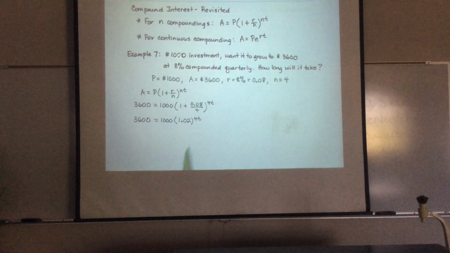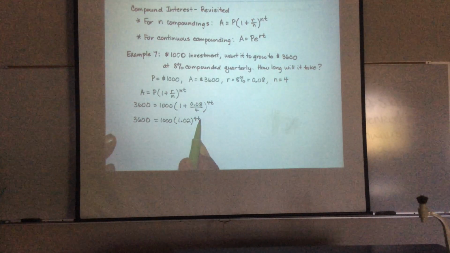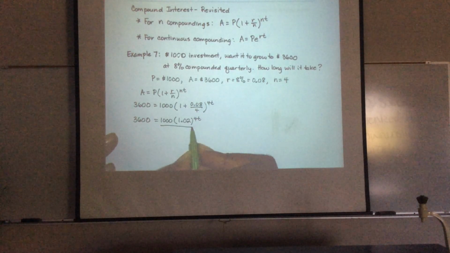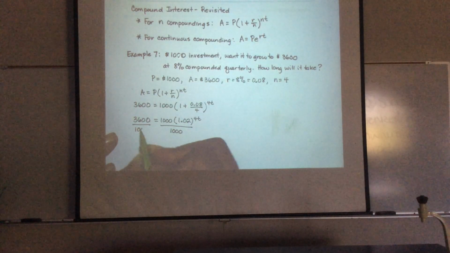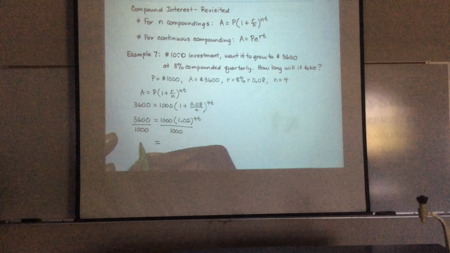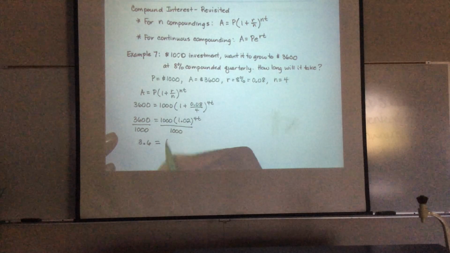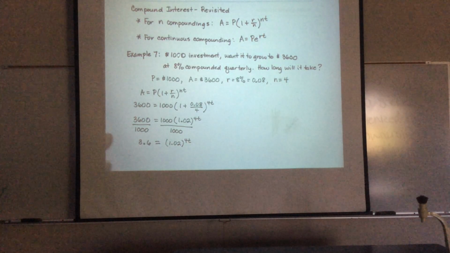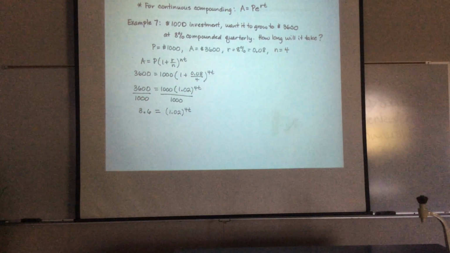So now I need to get that exponential part, 1.02 raised to the 4t, by itself. It's being multiplied by 1,000, so I need to divide both sides by 1,000. And when I do that, 3,600 divided by 1,000 would be 3.6. That's equal to 1.02 to the 4t power. So now that exponential part is by itself.